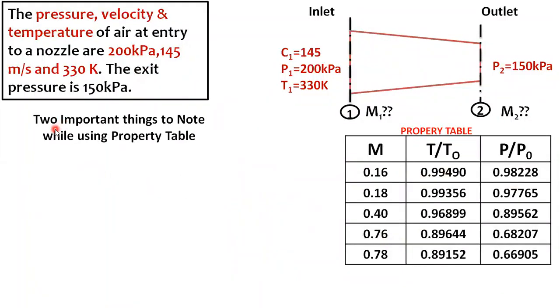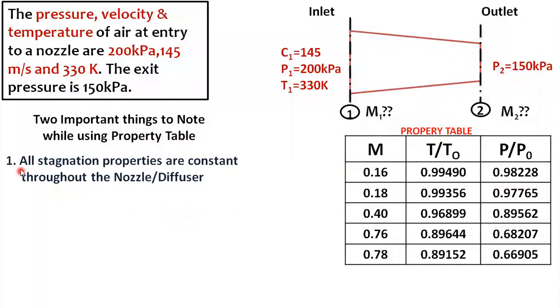Now there are two important things to note down while using this property table. Number one is that all the stagnation properties are constant throughout the nozzle. So at the inlet section, if you have a stagnation pressure, then this stagnation pressure will remain constant throughout the nozzle. At the exit also, you will find the same value for the stagnation pressure. Similarly, the stagnation temperature value remains the same at the inlet and at the outlet.